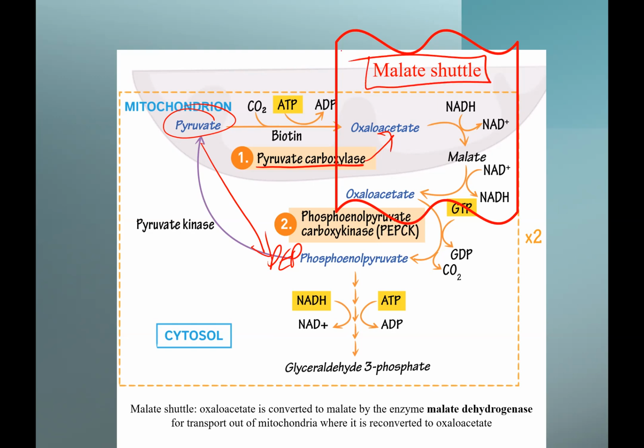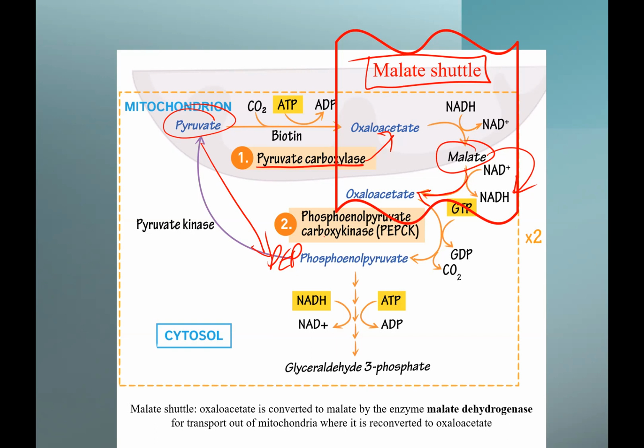The malate shuttle is converting oxaloacetate to malate, consuming NADH in the mitochondria, regenerating it in the cytosol as malate goes back to oxaloacetate for the second reaction of the gluconeogenic bypass.